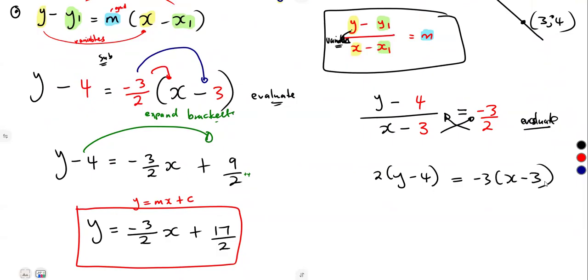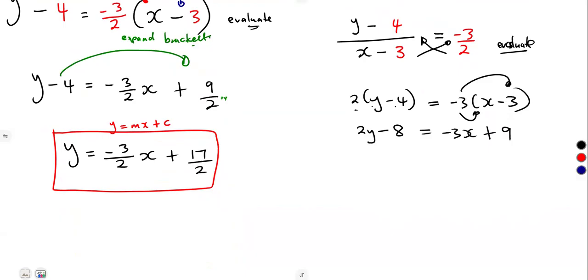So that is it. Expand brackets, solve for y. 2 times y, that's 2y. 2 times negative 4, that's negative 8, is equal to negative 3 times x, negative 3x. Negative 3 times negative 3, that's a positive 9.